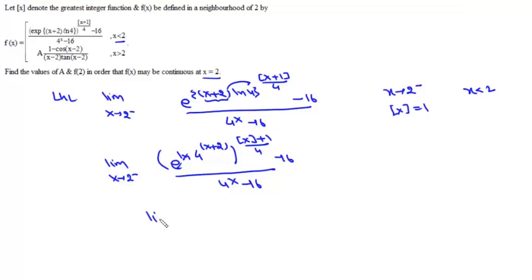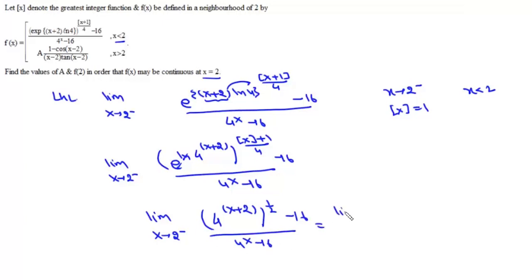So now it will be this limit x tends to 2 negative, 4 to the power of x plus 2 to the power of 1 plus 1, 2, upon 4 is 1 by 2, minus 16 upon 4 to the power x minus 16, which we can also write as limit x tends to 2 negative 4 to the power x plus 2 upon 2 minus 16 upon 4 to the power x minus 16.